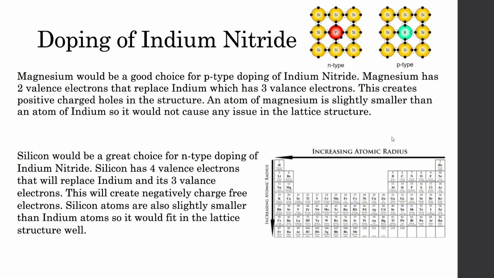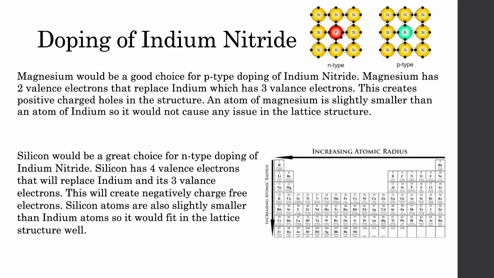So that will create positively charged holes with that lack of an electron. And magnesium also has a slightly smaller atomic radius than indium, so it will not cause any issues in the lattice structure.